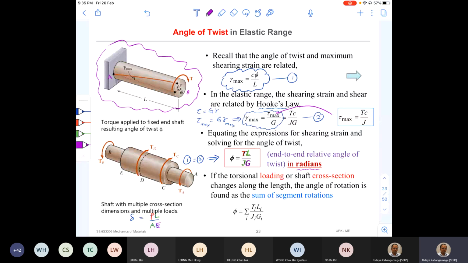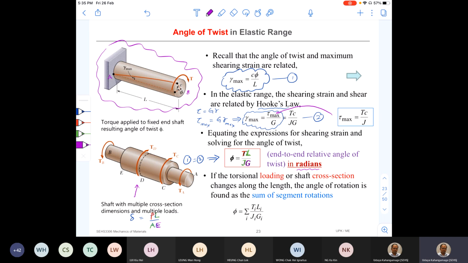Same cross section, therefore J is constant, right? So this equation is valid only for this kind of member. So what if we have a compound member shown here, in the second diagram? There the cross-sectional areas are different and internal torques are different at different places. Therefore, this equation cannot be used directly to find the total angle of twist in this member.